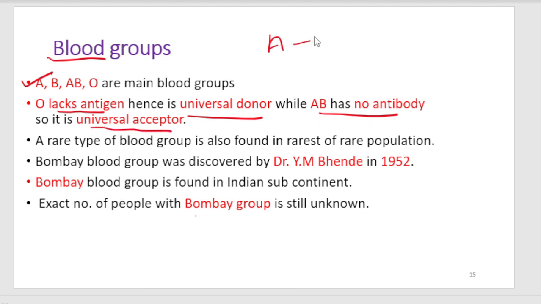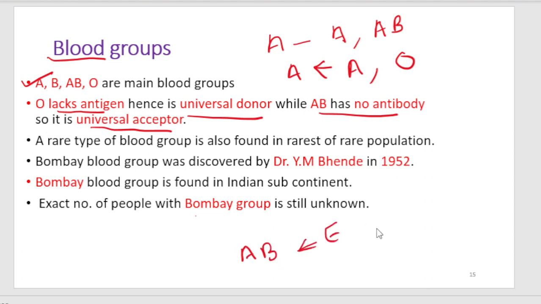A can donate blood to A as well as AB, while A can take blood from A as well as O. In case of AB, AB can take blood from everybody, while it can donate blood only to AB. The same is the process for all these blood groups. You can easily combine every blood group.